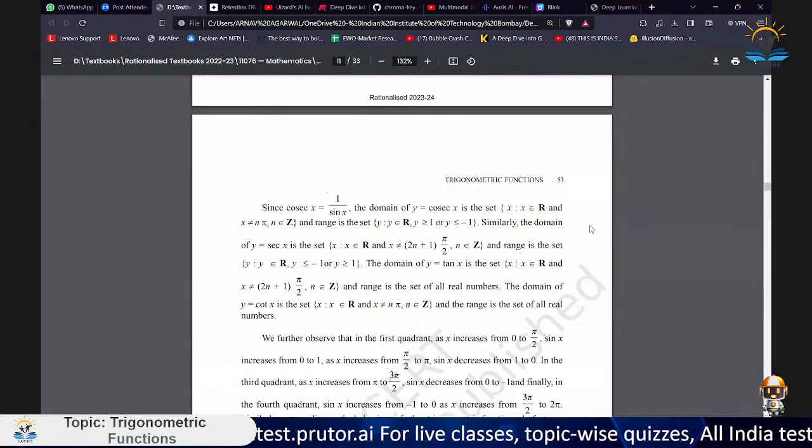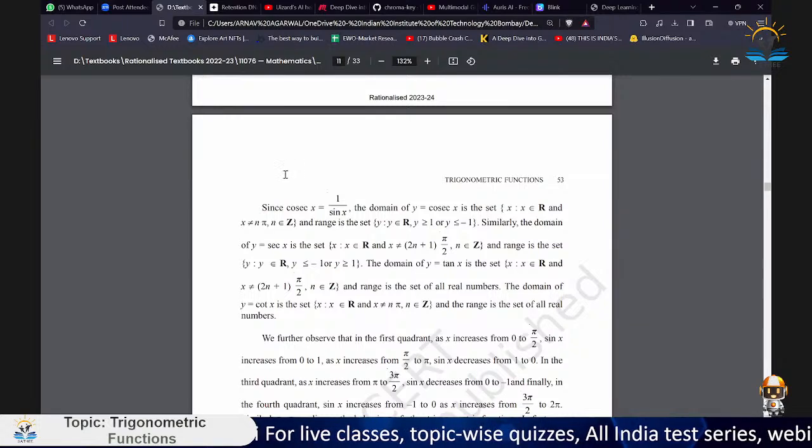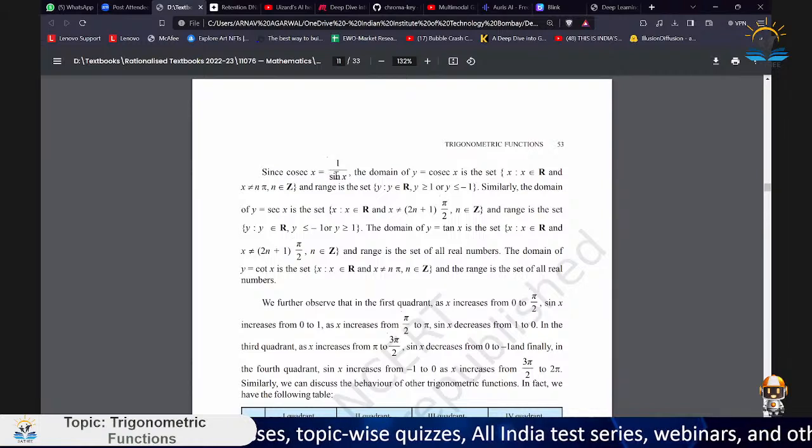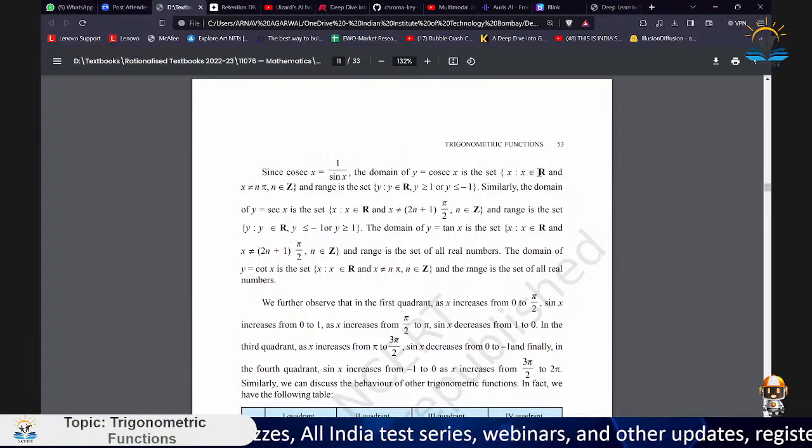Now let's move further. To find the domain of cosec x, we know that it is not defined for n pi, right? Because then sin x becomes 0. So the domain of cosec x is nothing but all real numbers excluding n pi, right? And the range is either less than or equal to -1 or greater than or equal to 1.